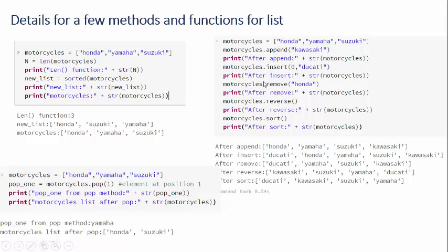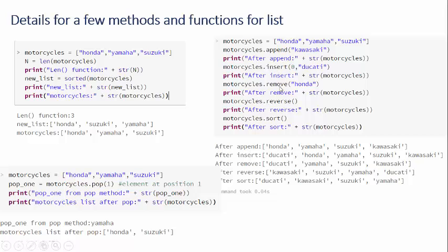Now we print after the insert plus the motorcycle converted into a string. It is right here. Now you can see that we have 5 elements in the list. The first one is the newly inserted Ducati.